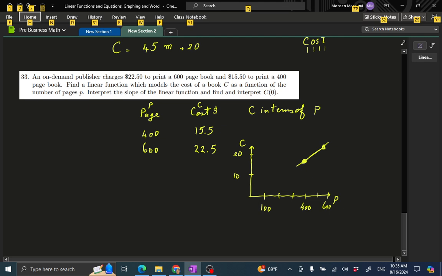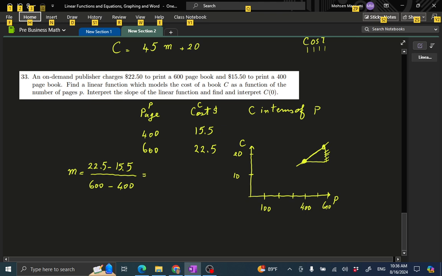What was the idea? The idea was to figure out m first. So our m is going to be a rise over run. What is my rise? Well, my cost has gone up from 1550 to 2250, when my number of pages went from 400 to 600.